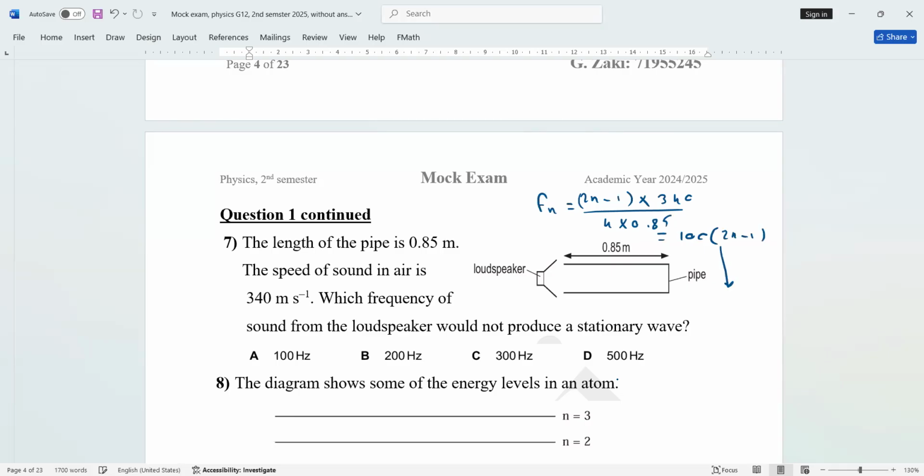This value must be odd. 2n minus 1 must be 1, 3, 5, 7, 9, and so on. Then the answer is 100 or 300 or 500 or 700 or 900. It cannot be 200. It must be odd. This question is important.